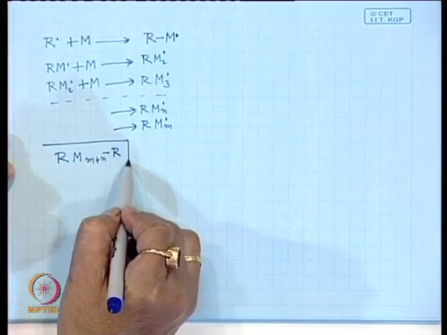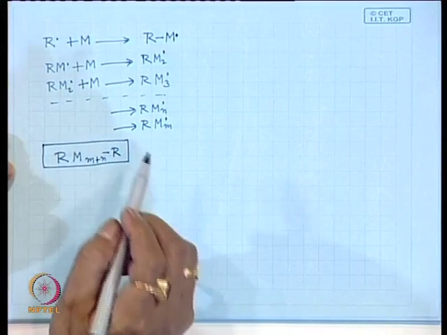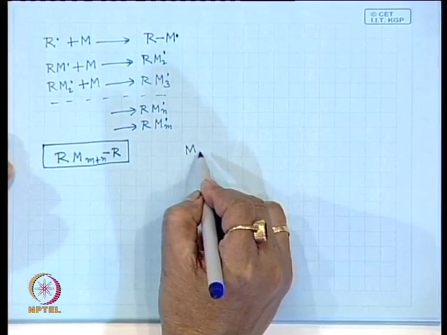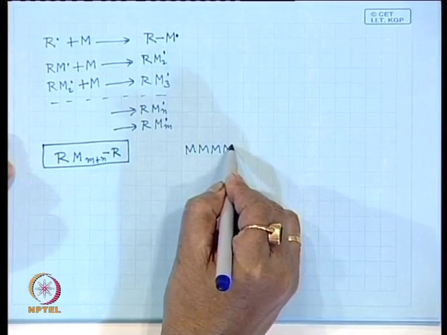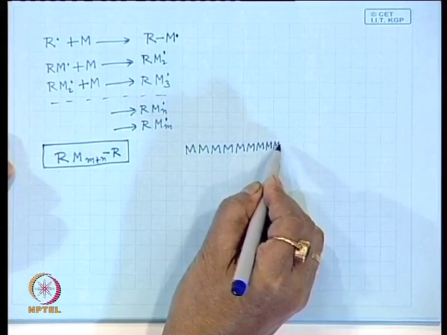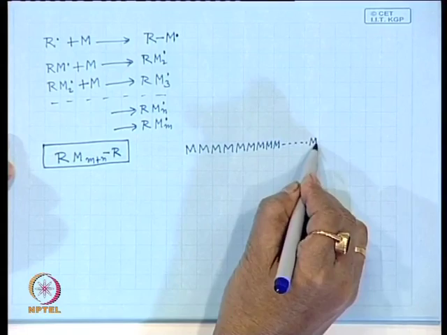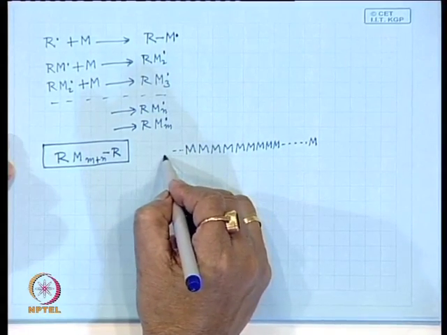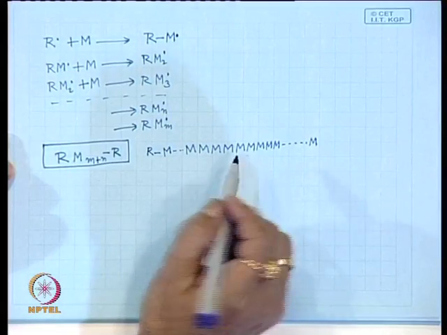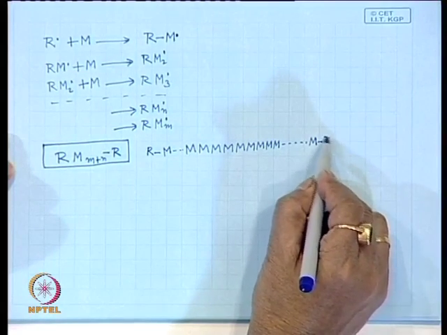So, look at the chemical nature of this polymer. Here we have a chain of M, at one end an R group, and at the other end another R group.